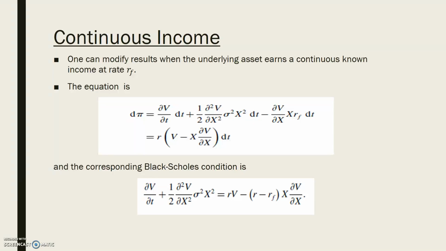When you simplify that, what you get is r times (v minus x partial v partial x) dt. And the corresponding Black-Scholes condition for this would be partial v partial t plus 1/2 partial squared v over partial x squared sigma squared x squared equals rv minus (r minus r_f) times x partial v partial x.